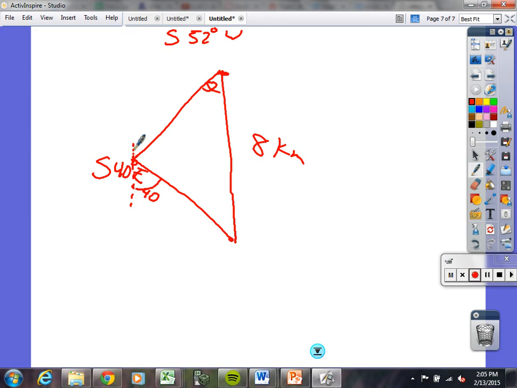Can you guys tell me what this angle is and this angle right here called? Alternate interior, because technically we got two parallel lines right here, right? This is directly due south and this is it. So there's two lines cut by a transversal, so these two angles are the same. So this is 52. How much is that angle in here?